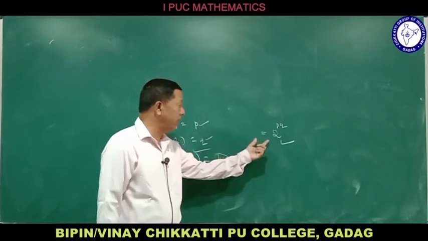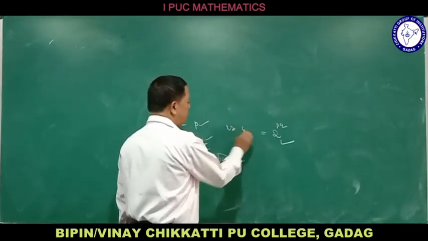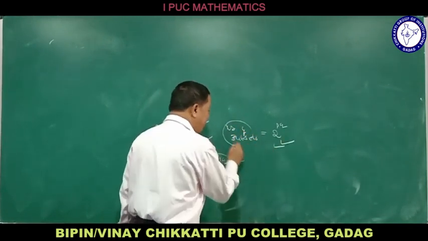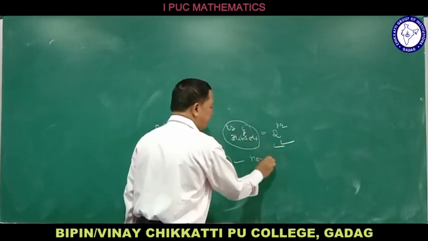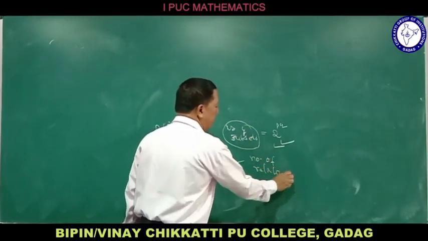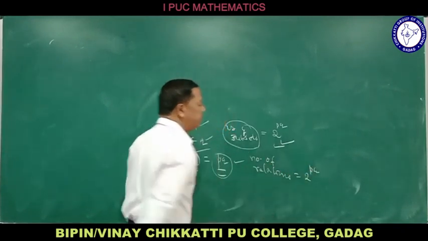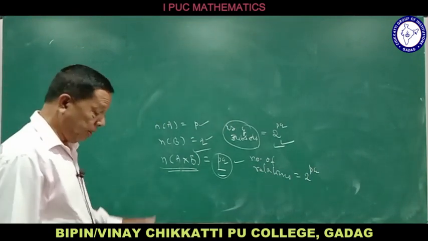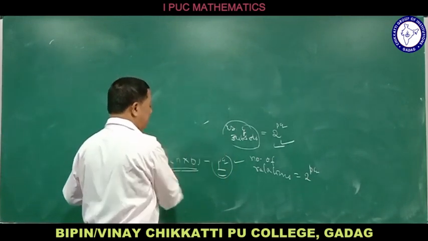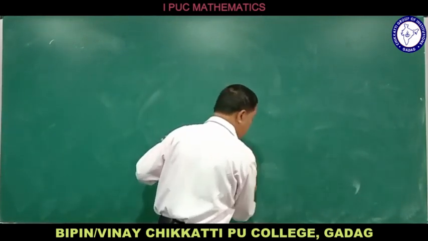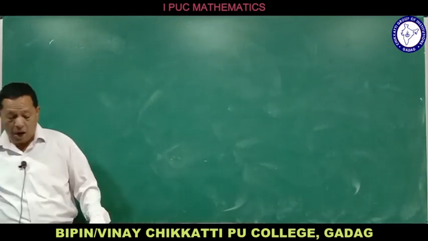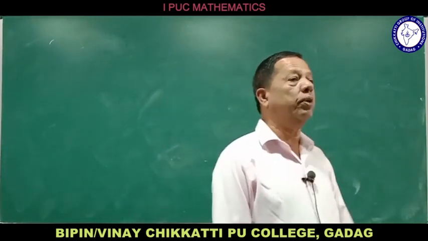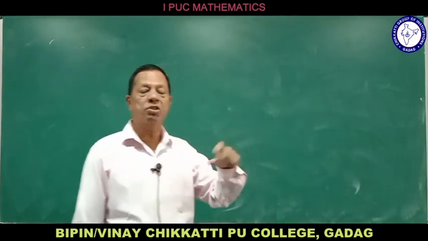The number of subsets is nothing but the number of relations, and the formula is 2 raised to PQ. So understand that the number of relations from set A to set B is the number of subsets of the Cartesian product. You already have seen that it is 2 raised to n, where n is the number of elements.